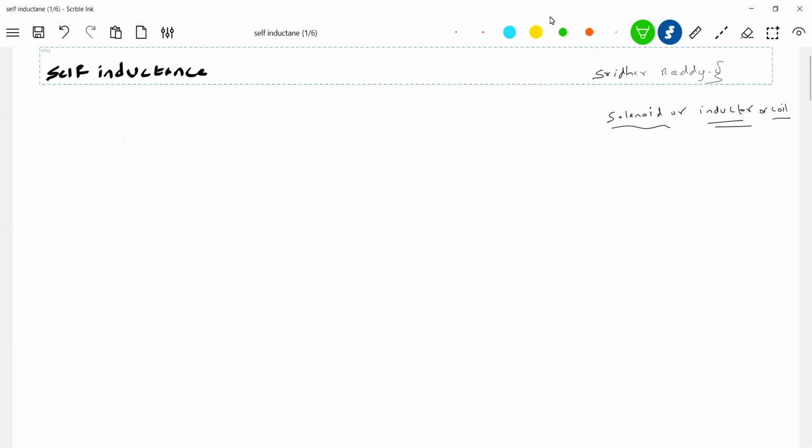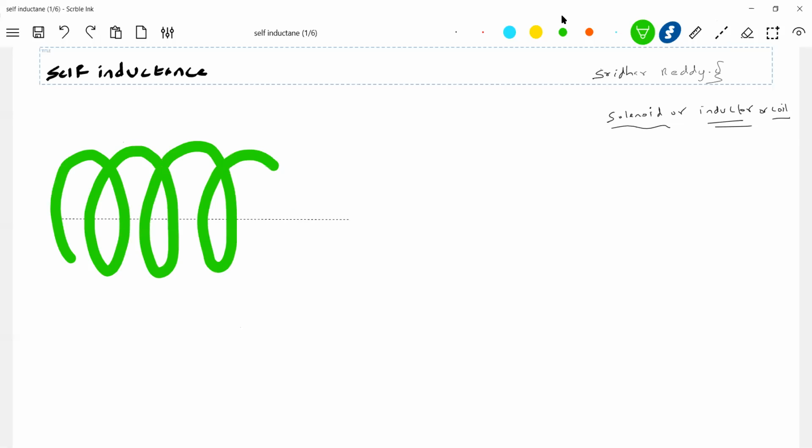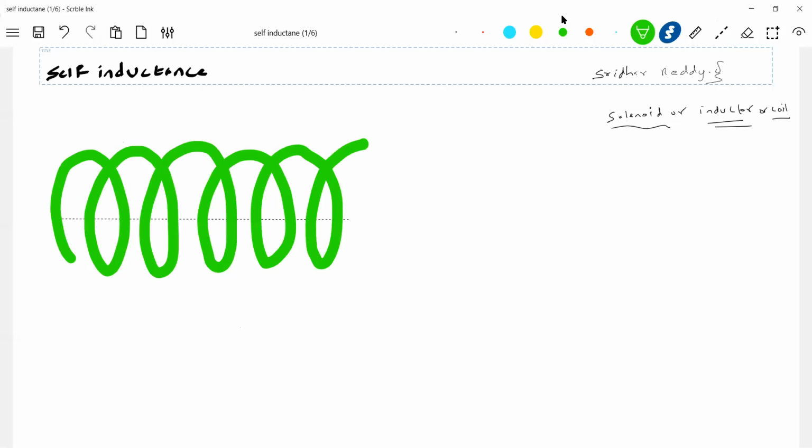So as we know, this is the axis of the solenoid. Technically speaking, a spring is nothing but a solenoid here. So there are N turns.